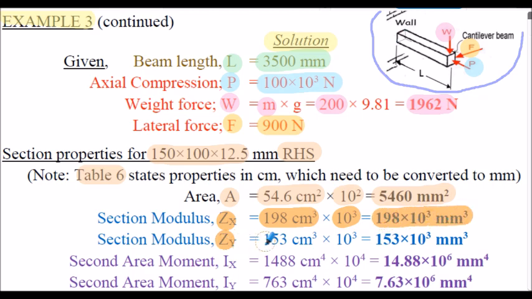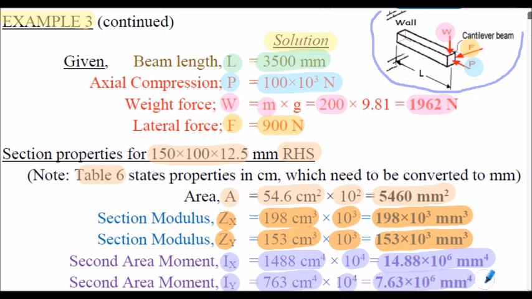The Zy, 153 centimeters cubed, converted into millimeters cubed. The second moment of area about the x-axis, Ix, was 1,488 centimeters to the 4; we multiply that by 10 to the 4, or 10,000, to convert to millimeters to the 4. A similar approach for the I about the y-axis, 763 centimeters to the 4, converted to millimeters to the 4. So there are our section properties converted into the appropriate units for the calculation.